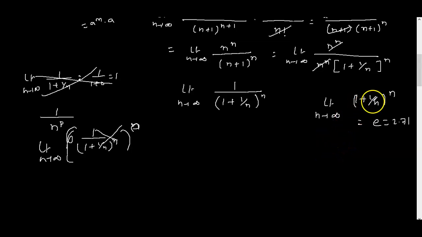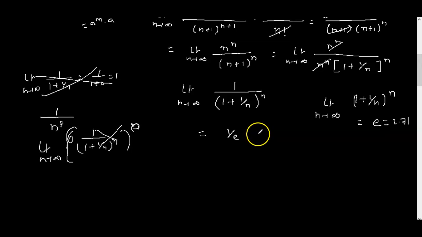Limit as n tends to infinity of (1 plus 1 by n) to the power of n is equal to e. So here what will you get? 1 by e. So here the one is actually not given, this one is 1 divided by this, right? So we can write it, what is the value? 1 by e. So 1 by e means 1 upon that e value, 2.71.